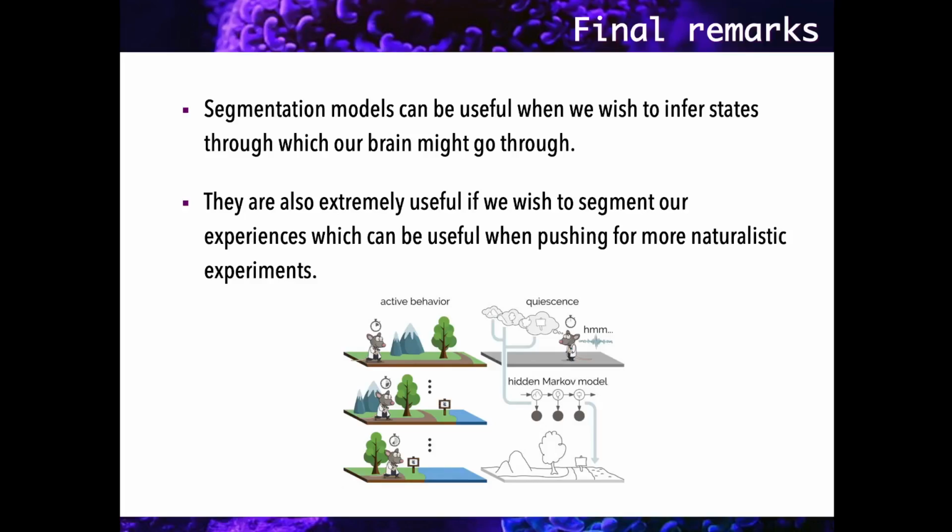This is important if we want to push for more naturalistic experiments where our data will not be shown in different units but will be continuous, and we need to somehow discretize these stimuli.